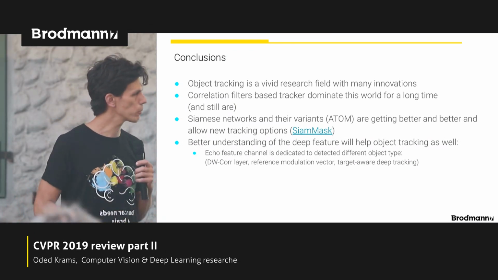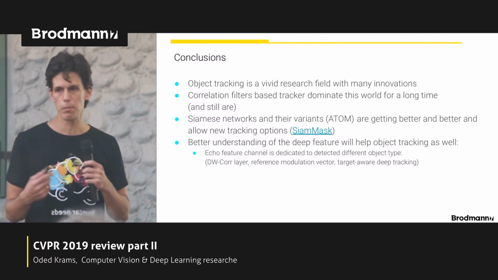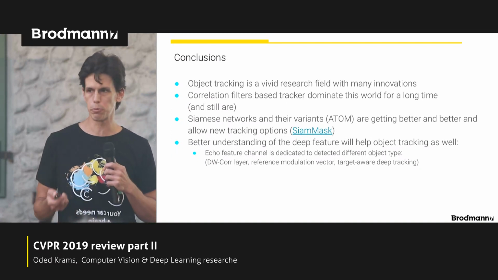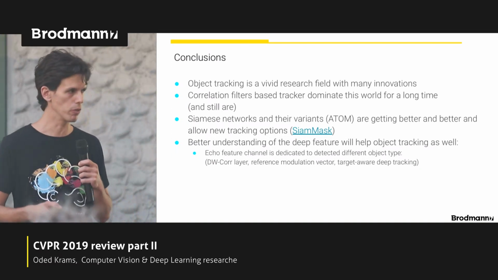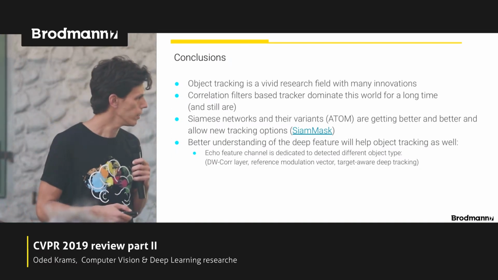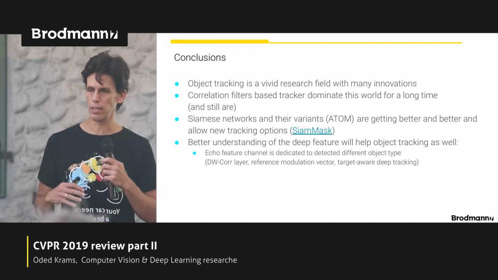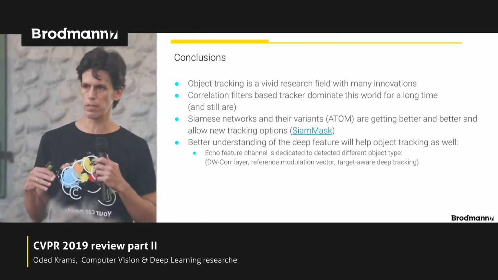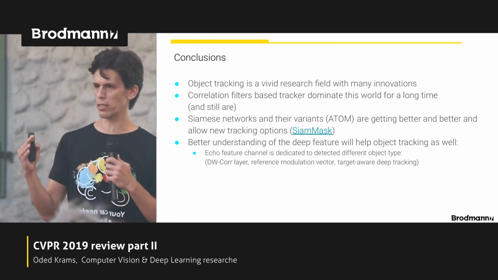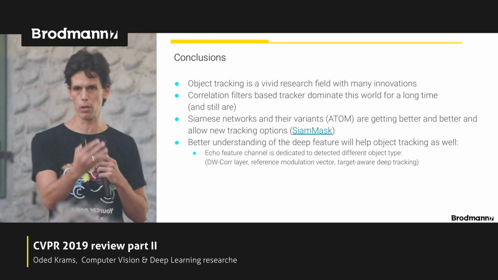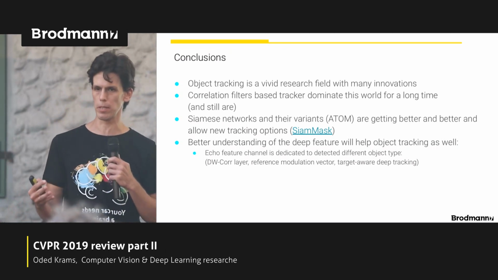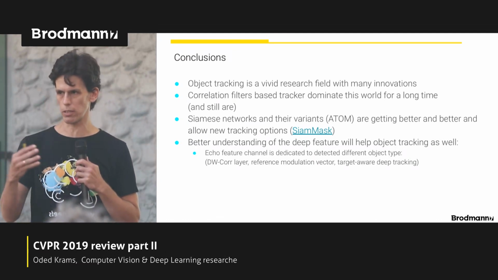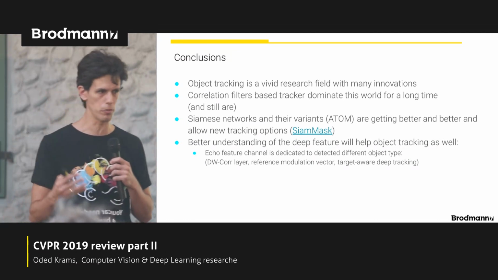And the last point I want to emphasize is that better understanding of deep networks can improve object tracking and the overall task in computer vision. If you take the papers I talked about, you can see that every paper said that each channel represents a certain object type. For example, in SiamRPN++, you saw that the depth-wise correlation has different layers for different objects.